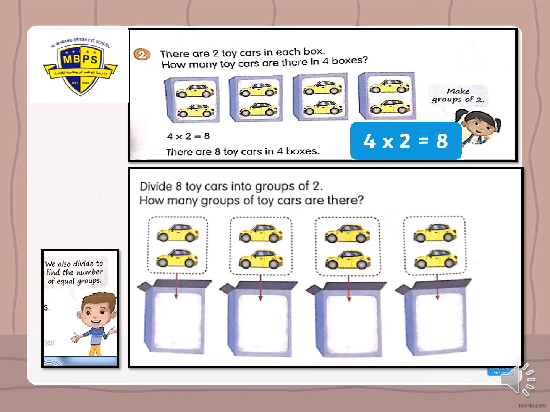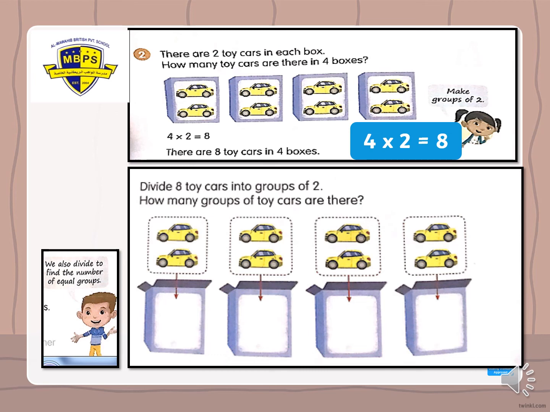Now you will divide by grouping. You must make groups of 2, and then you will count how many groups you have. If you have 8 toy cars and you make groups of 2, look back to the multiplication question. Look at the 4 multiplied by 2 equal 8.